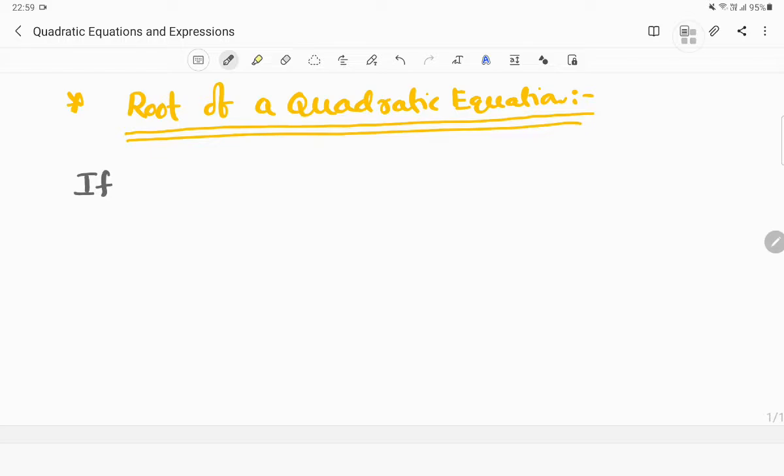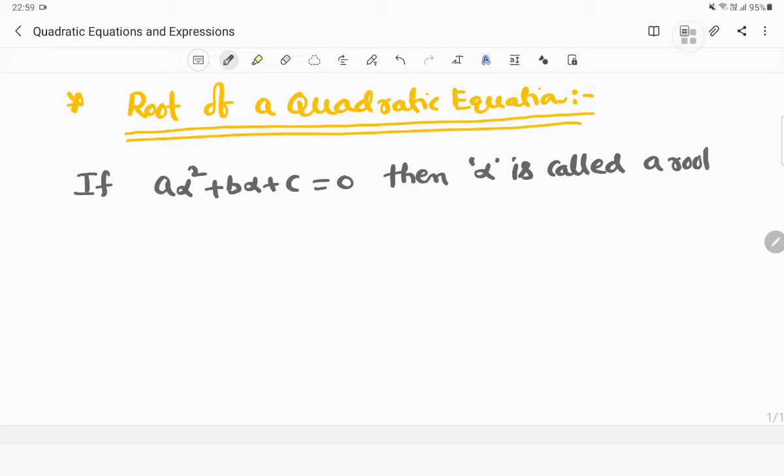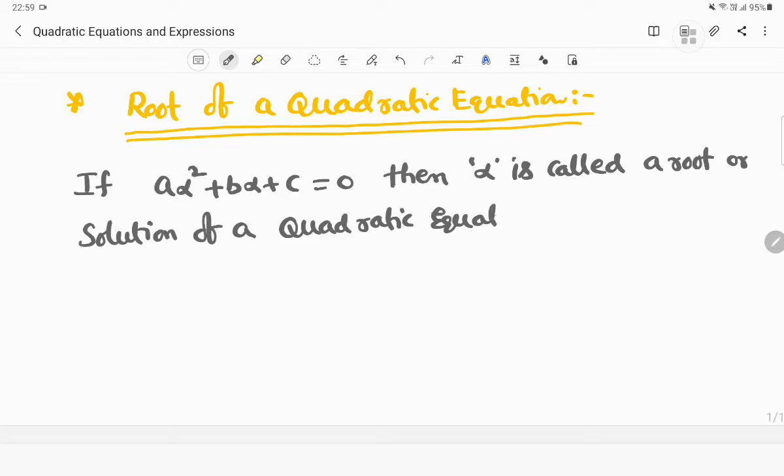We already discussed the zero alpha. If a alpha square plus b alpha plus c is equal to 0, then alpha is called a root or solution of the quadratic equation ax square plus bx plus c equal to 0.